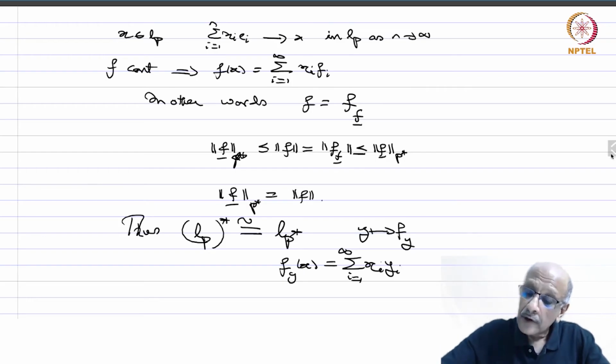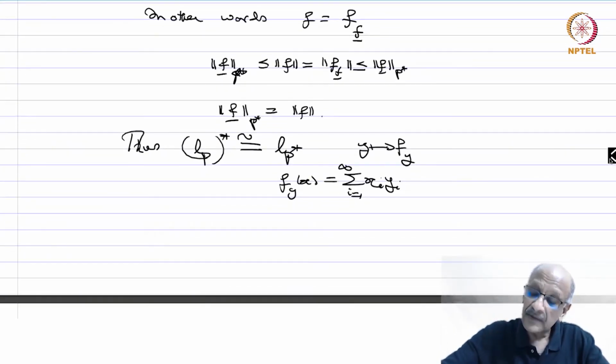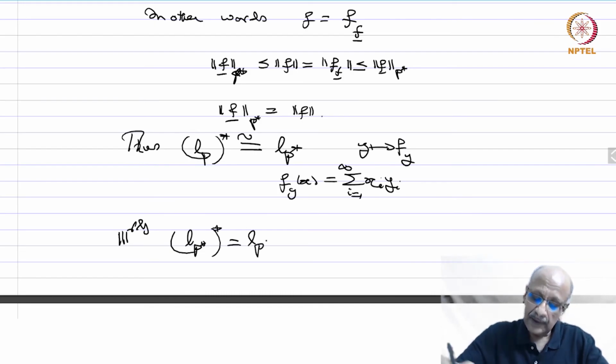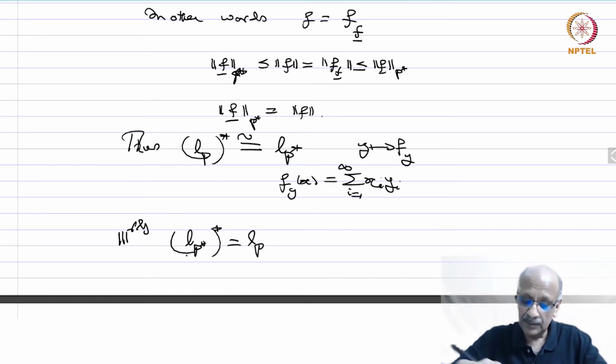So now you can do the same game with p star. So similarly, the dual of LP star is nothing but LP, because 1 by p plus 1 by p star equals 1. So p is the conjugate exponent of p star, and p star is the conjugate exponent of p, and you have the same relationship as this one.